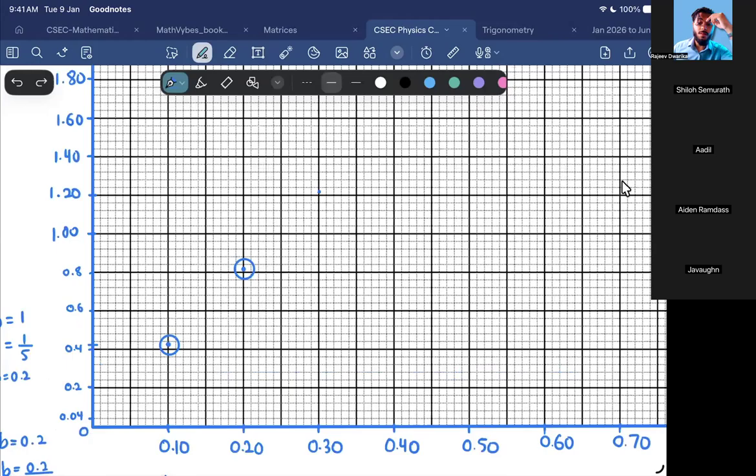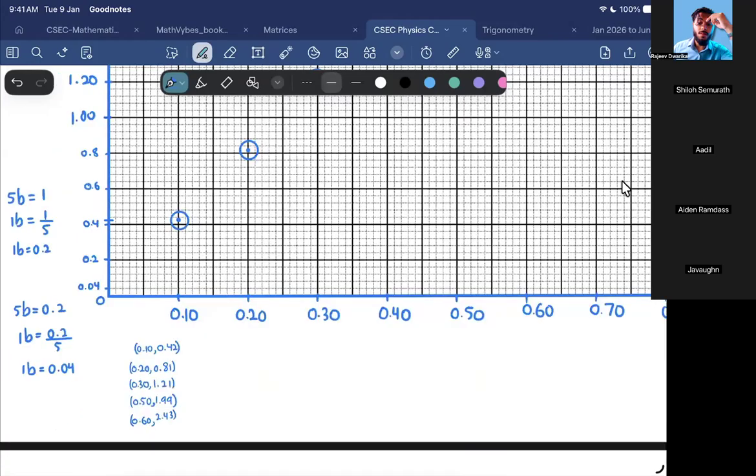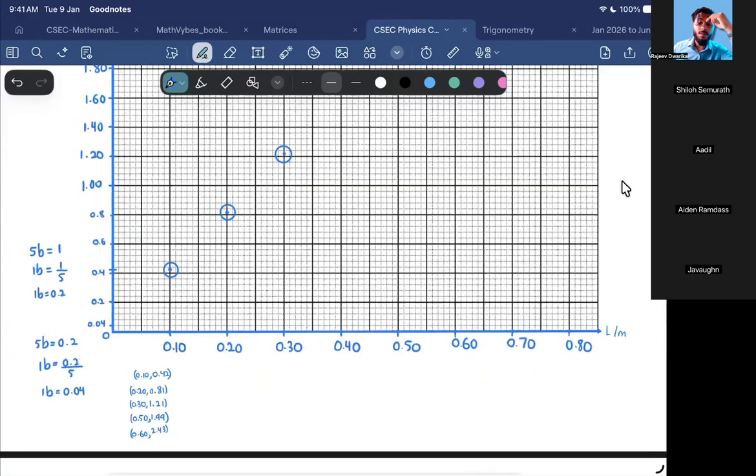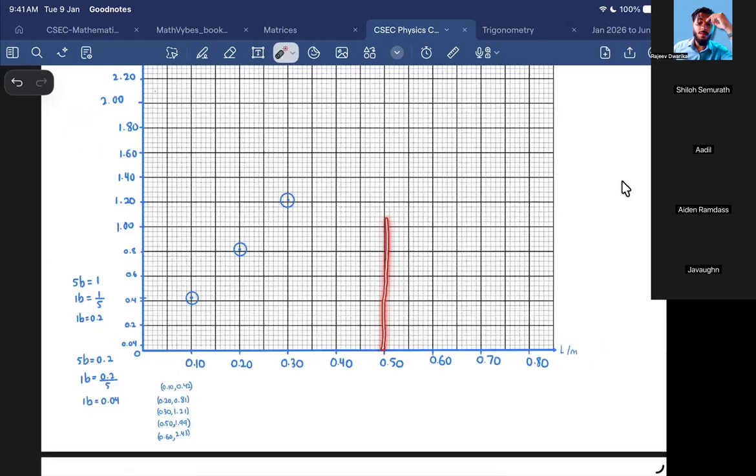All right, the next one: I'm going to go on what's on the x-axis. 0.50, yeah? And I'm going to go up to what? 1.99.